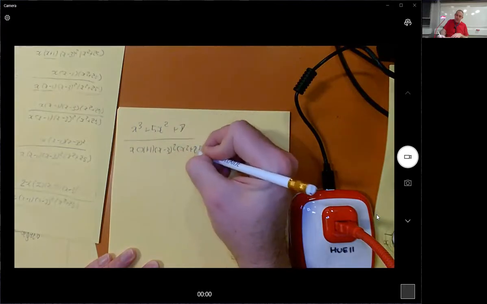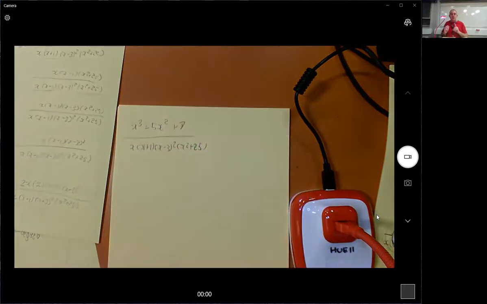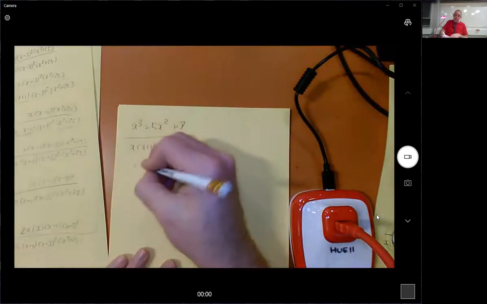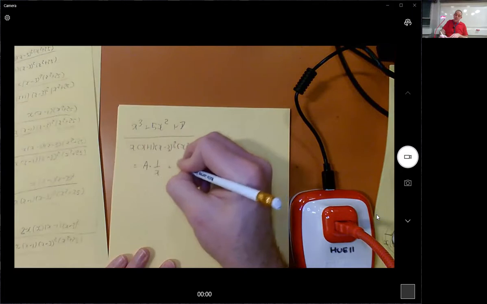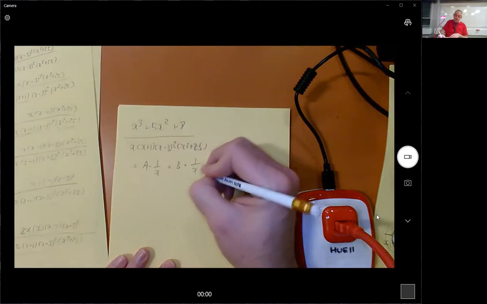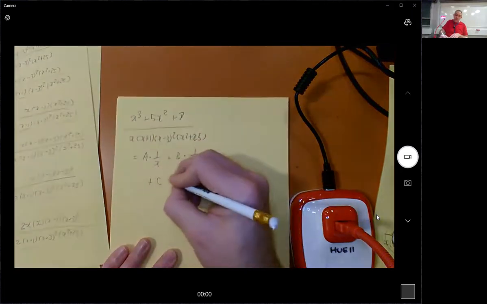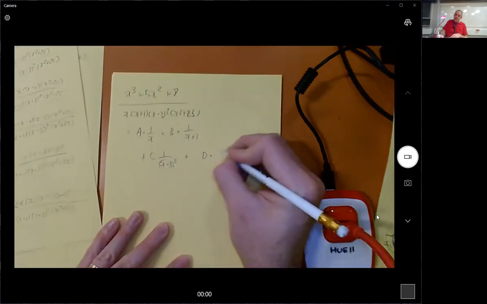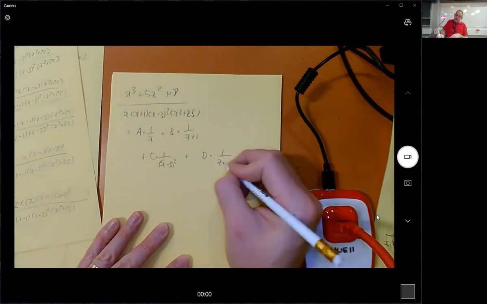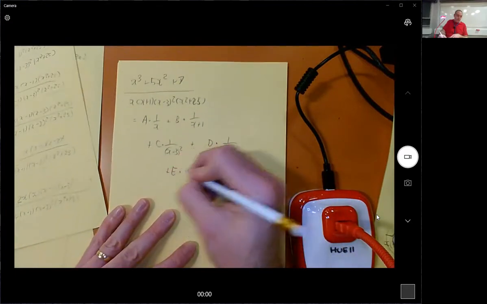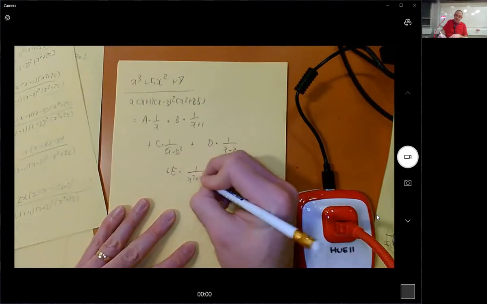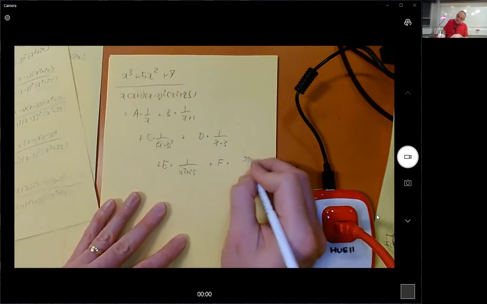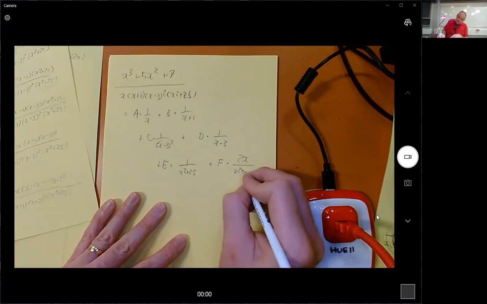I know that my function is guaranteed to be writable as a combination of these 6. So it's going to be something times 1 over x plus something times 1 over x plus 1 plus something times 1 over x minus 3 squared plus something times 1 over x minus 3 plus something times 1 over x squared plus 25 plus something times 2x over x squared plus 25.